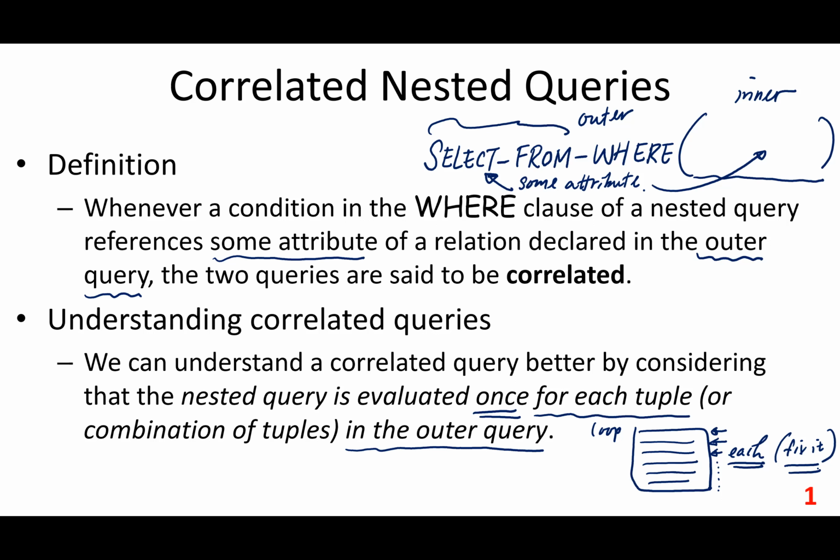Before we get into the inner query, let's take each tuple in the outer query once. When you work on that, you fix it. So when you move into the inner query, you fix that current tuple in the outer query, and then you can do the usual query processing.